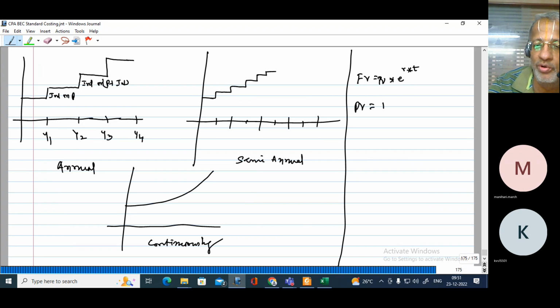Present value is equal to future value into 1 divided by e raised to r into t, or future value into e raised to minus r into t.